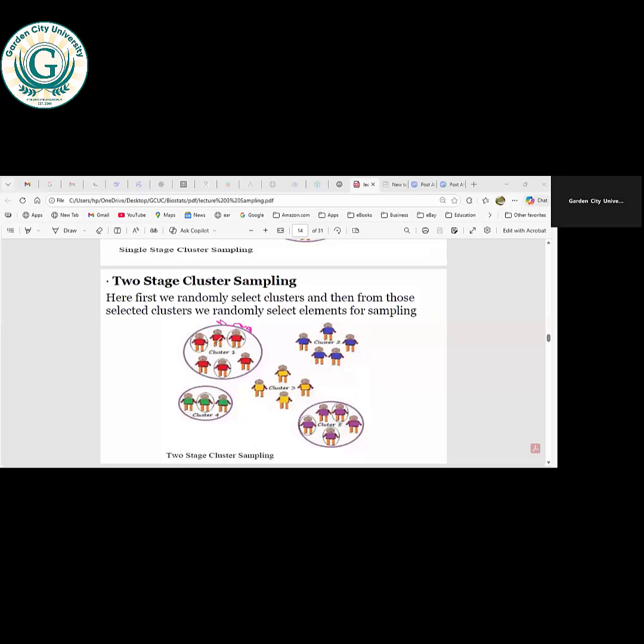But don't forget that all these selections are based on randomness, and there you can apply simple random sampling. So for the two-stage, you don't end at one stage. Once you've selected cluster one, you come in there and do another selection in the cluster to be part of the sample.